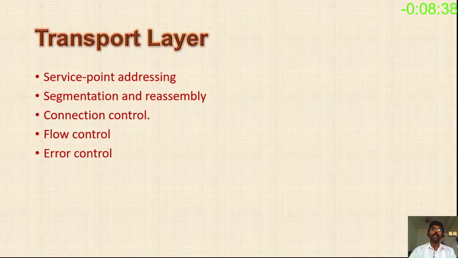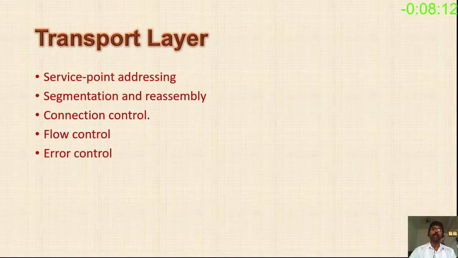When the data is transmitted to the destination, if the transmission is successful, it will send an acknowledgement to the source computer. If the data transmission is wrong or there is some error, it has to retransmit the data. That is the job of the transport layer.